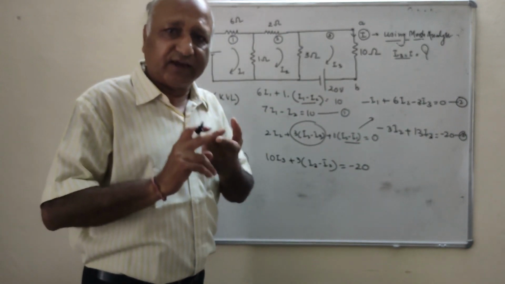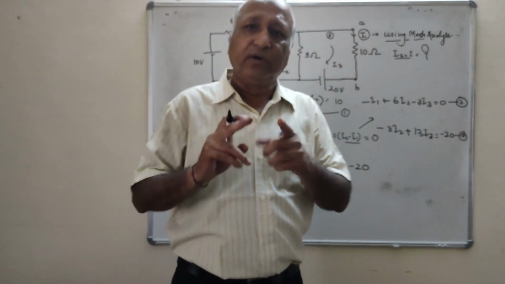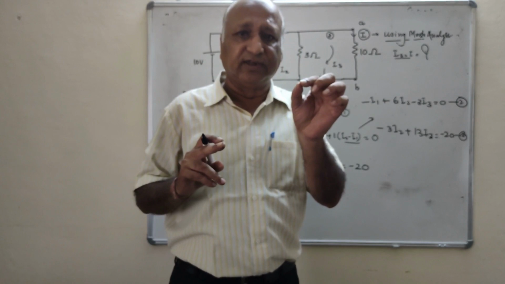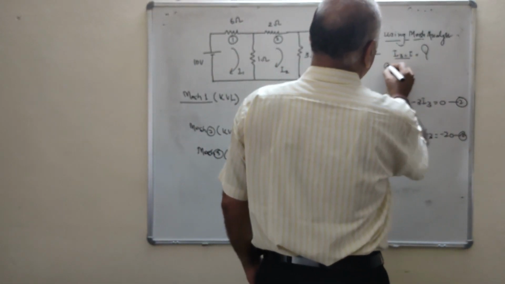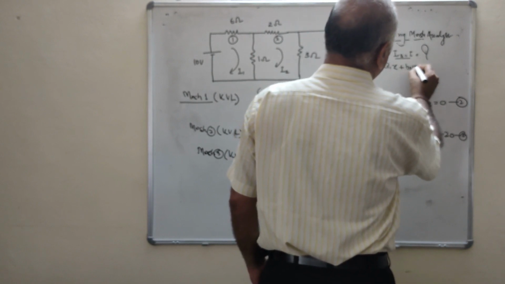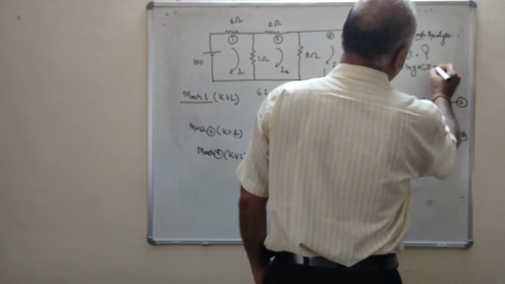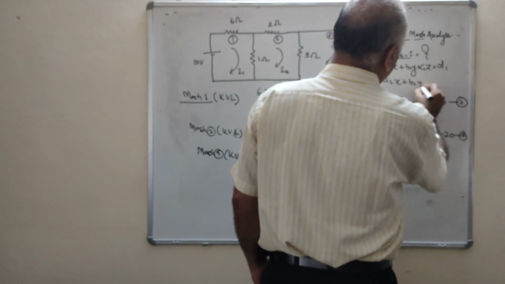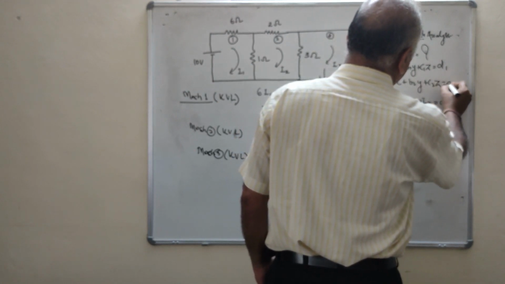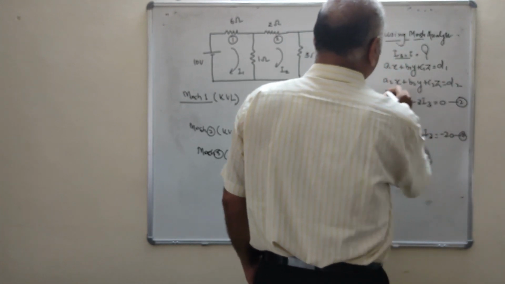But you have to select 3 unknowns. There will be 2 or 3 options. Here select 3, and it will be like this: A1x plus B1y plus C1z is equal to D1. A2x plus B2y plus C2z is equal to D2.